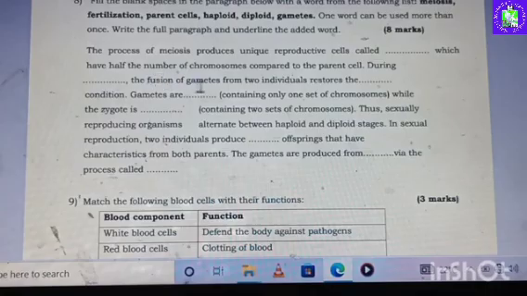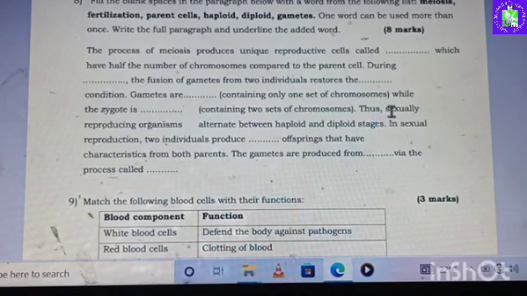The fusion of gametes from two individuals restores the diploid condition. Gametes are haploid, containing only one set of chromosomes, while the zygote is diploid, containing two sets of chromosomes.